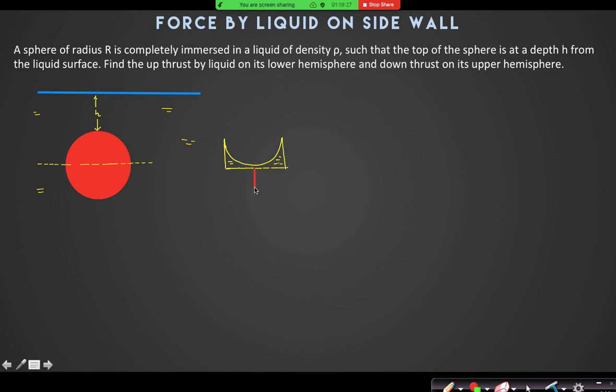There is a normal reaction from the lower part of the liquid. Have you got what liquid portion I have drawn here? If you draw a cylinder and cut this hemisphere from there, then this is the left out water portion, just below that lower hemisphere.